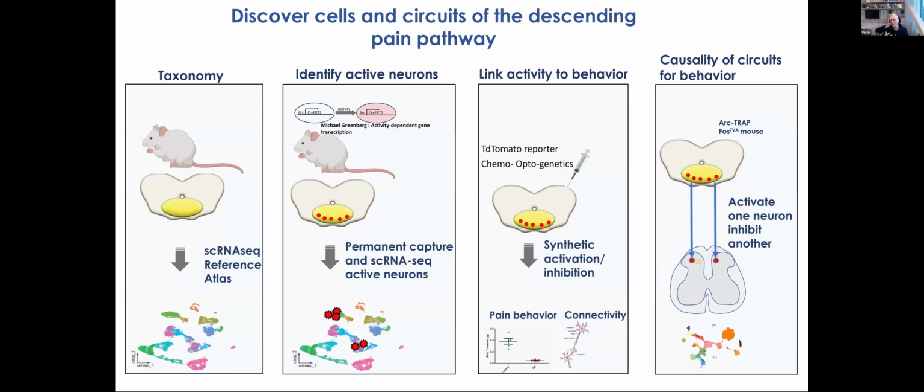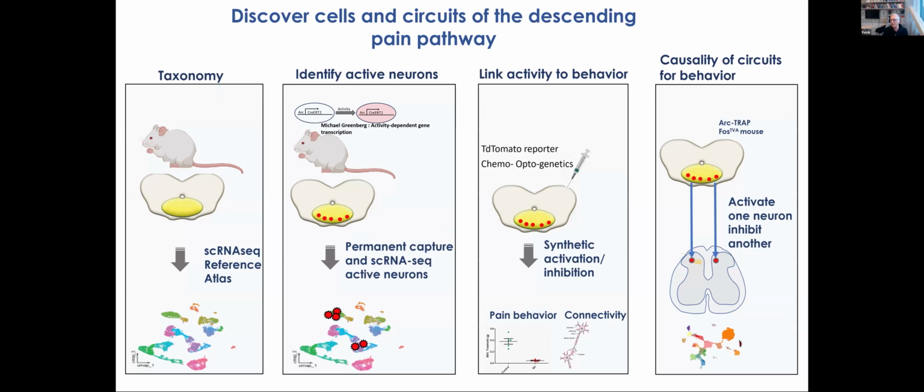Once you trap them, you can use that trapping both to identify the cells by sequencing and placing them into the atlas that we have generated, as well as link the activity of that ensemble to behavior and also to connectivity using chemogenetics or optogenetics.